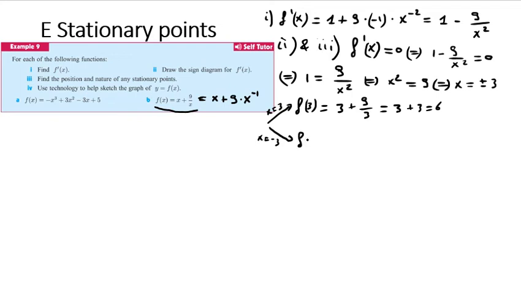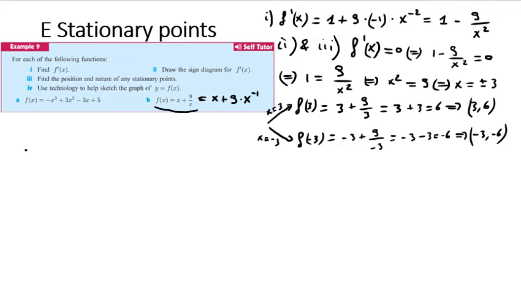And when we replace x by minus 3, we get minus 3 plus 9 over minus 3, and that's going to be minus 3, which is equal to minus 6. So the first stationary point has coordinates 3, 6, and the second one has coordinates minus 3, minus 6. Okay, so those are the coordinates of the stationary points.